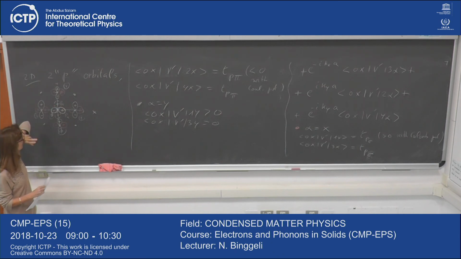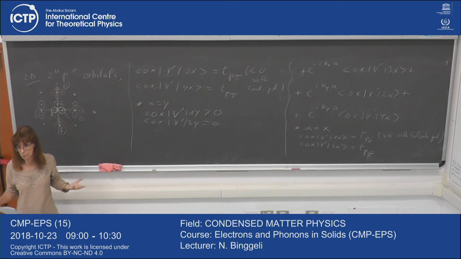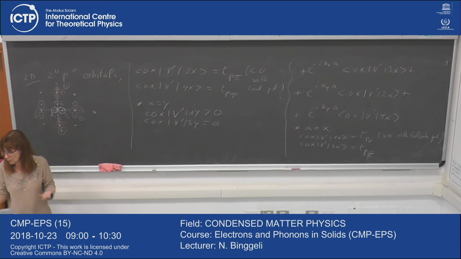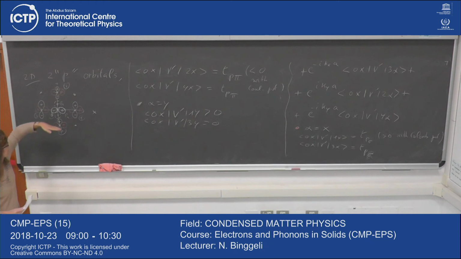So one has the product of an odd function times two even functions, and therefore the integration has to be zero, because one integrates something that is overall odd. If you integrate on one side and on the other side, they cancel each other.